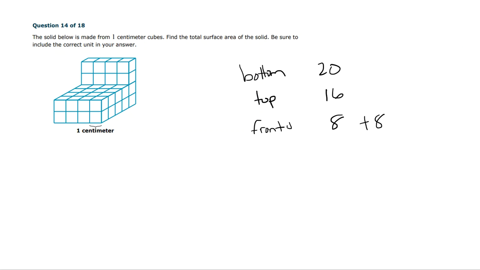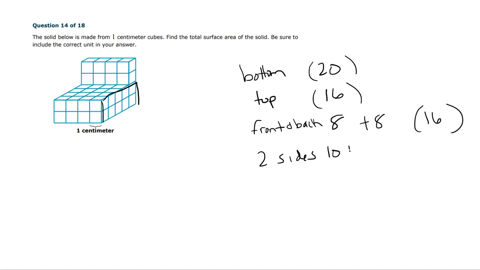Okay, so our front and back are going to be 16. Okay, and then our two sides, we have a 1, 2, 3, 4, 5 by 1, 2. We have a 5 by 2, which is 10. And there's 2 of those. So for the sides, it's going to be 20.